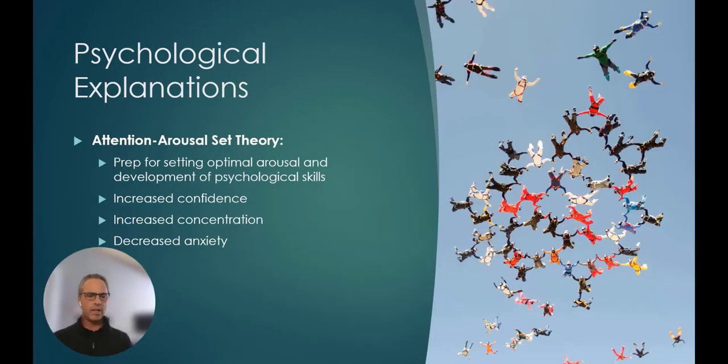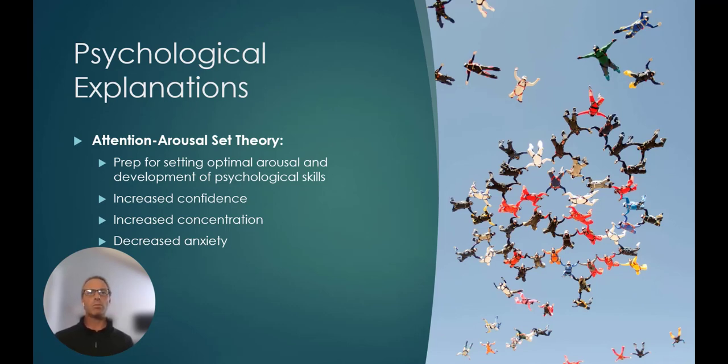Okay, the last one is the psychological explanation behind imagery being effective, and that is the attention arousal set theory. Essentially, what this research focuses on is how imagery allows us to prepare ourselves and optimize our arousal. Obviously before an event, whether it be an interview, a sporting event, or even an exam, we tend to have the pregame jitters, right?